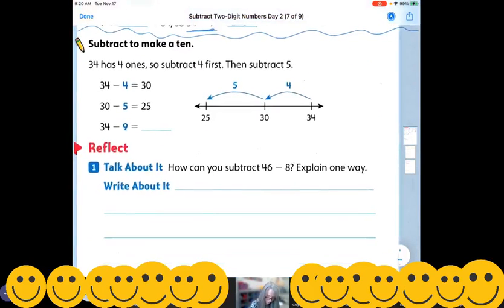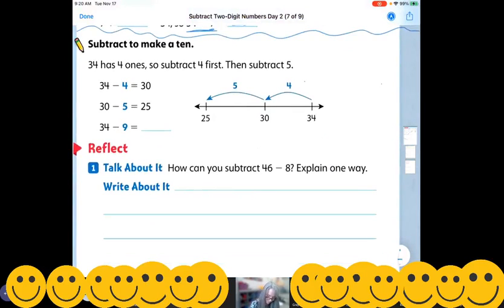So I'm going to go ahead and move my paper up. We are still doing the same problem. We are still trying to find 34 minus 9, and we want to know what is that answer. Of course, we already know because we solved it. We know the answer is 25, but let's pretend we don't know that yet.